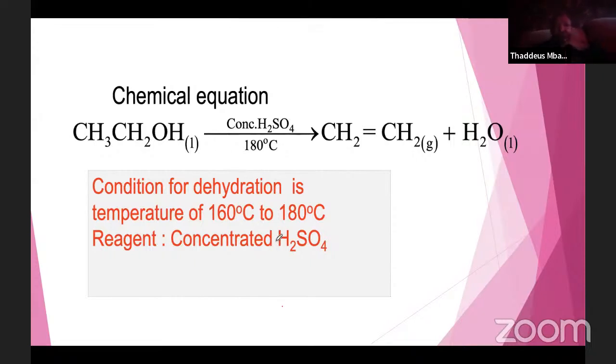So the scenario is that we are using concentrated sulfuric acid, then we have a temperature of 180. You can use a temperature of 160, 170, 180. You get the corresponding alkene plus water. And I have told you how to go about it. If it is ethanol, you take this, you look at the OH, you just need to remove another hydrogen, then you're going to get the corresponding alkene.